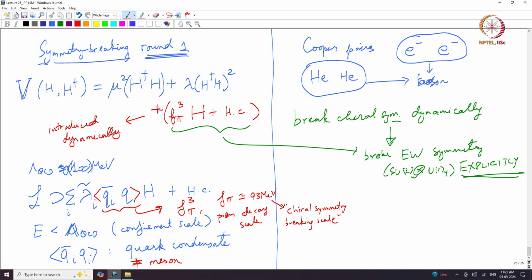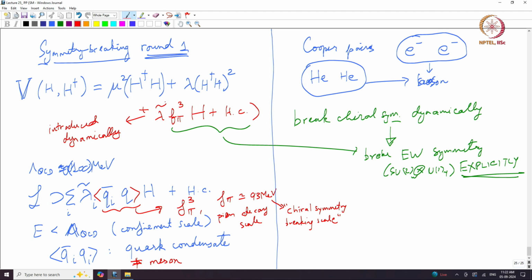Not only that, I am going to give the correct coefficient. Let us call this just lambda tilde.